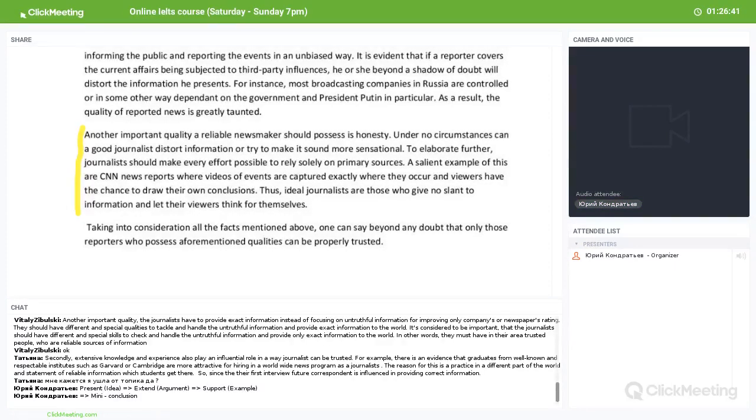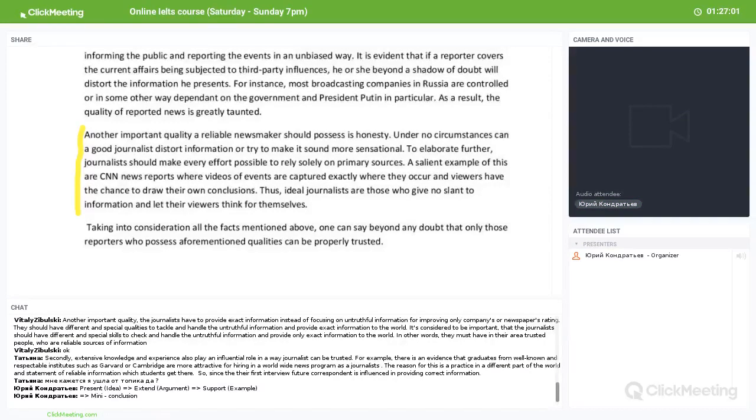But for task achievement, there are chances that you will not get a very high score because in IELTS they expect you to present, extend, and support ideas to get 7. If you need 6, then okay. But if you need 7 for task achievement, then you need to present, extend, and support.